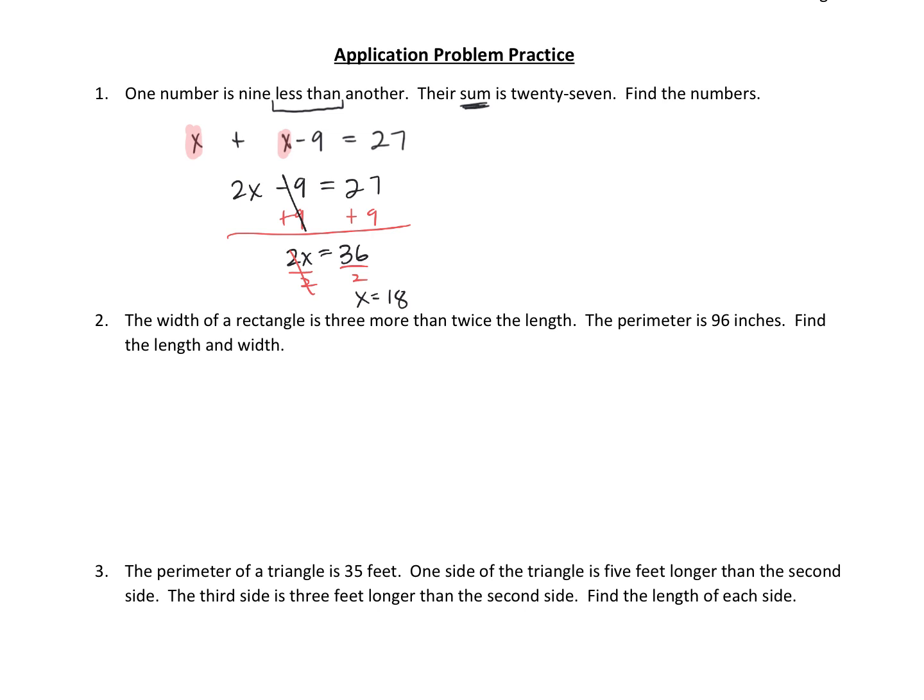It asks us to find the numbers, both numbers. So one number was x, and another number was x minus 9. Well, we found that x is 18. The other number can be found by plugging it in here, x minus 9, or 18 minus 9, which is 9. So the 2 numbers are 18 and 9.